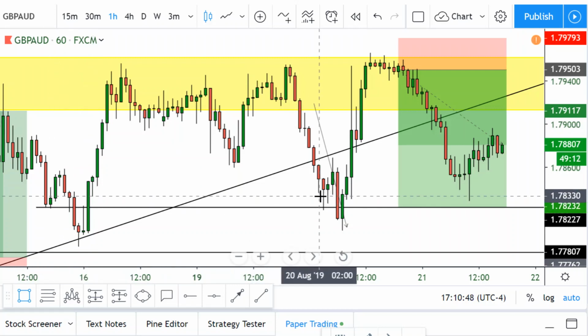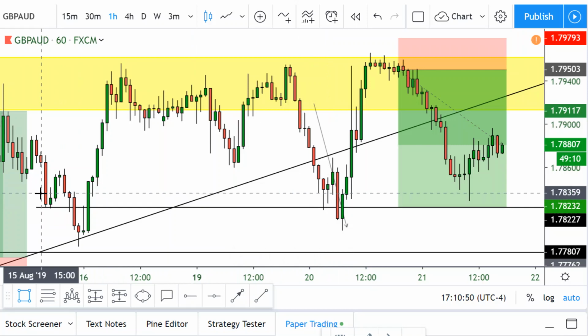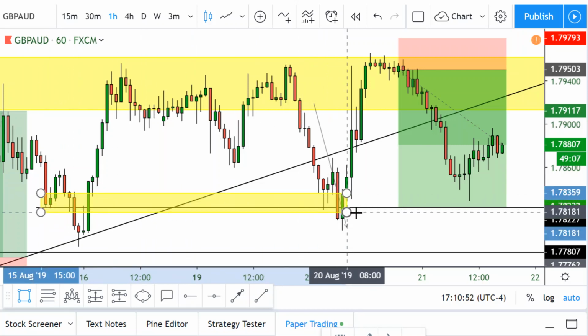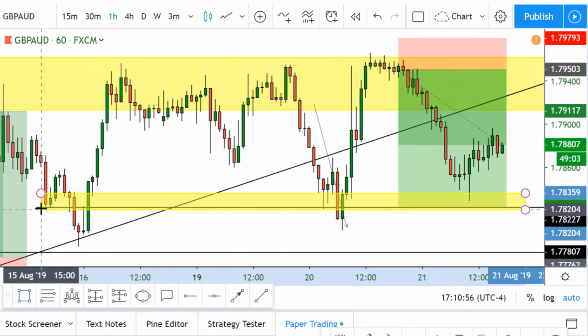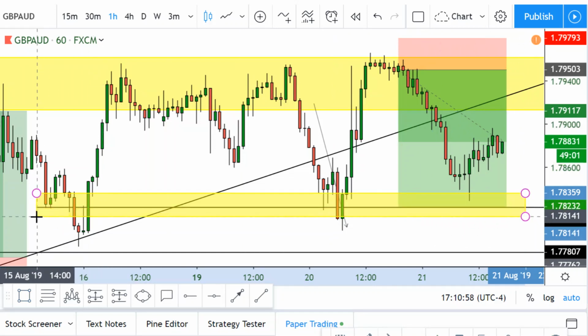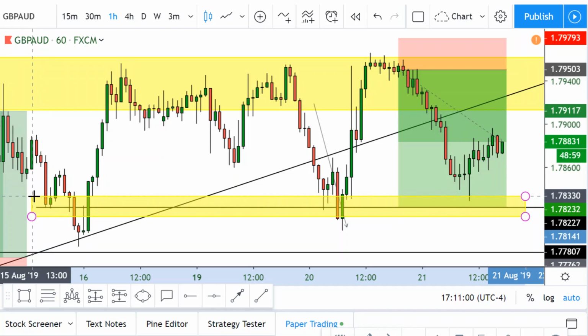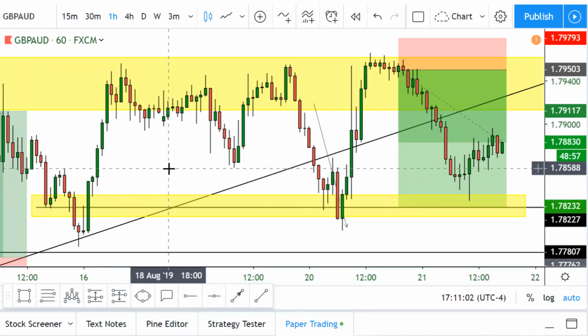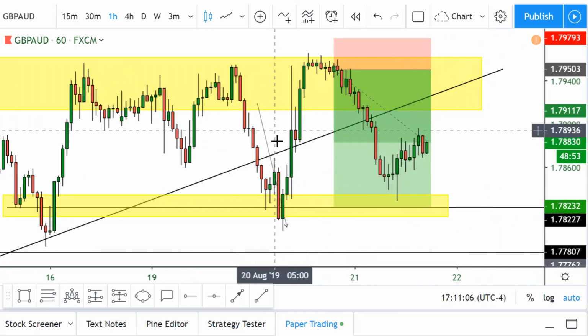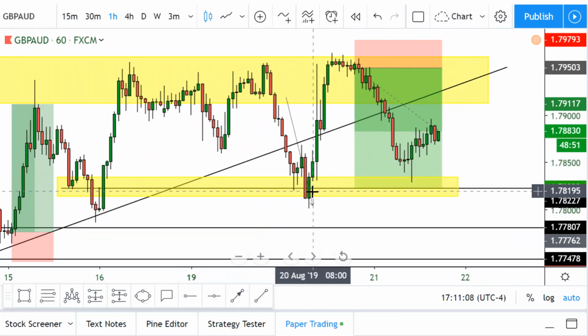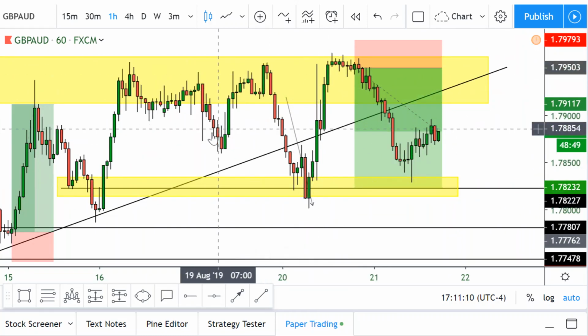I guess this matches up with this as well, so let's do that. And then we'll just take the bottom of that and drag it out, right there, and it's good. Drag it out into the future so price comes back down to retest and shoots back up.